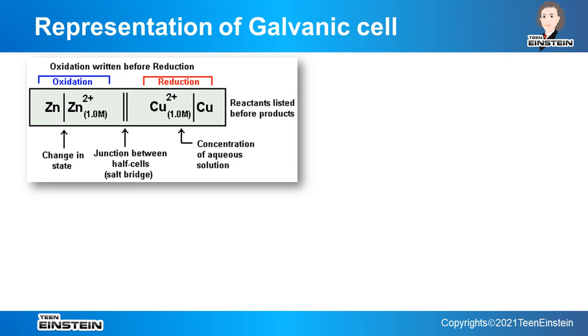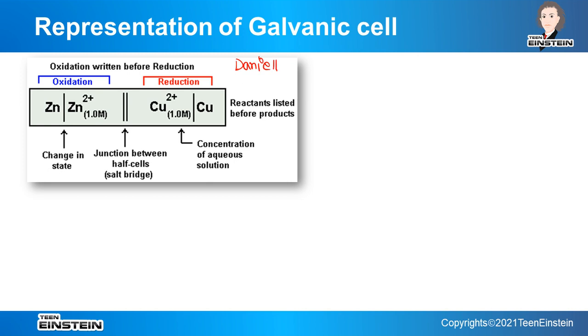Now representation of galvanic cell. So mostly we will talk about galvanic cell. How can we represent it? Already we have seen that oxidation is taking place in the anode. This example is for Daniell. Remember, in Daniell we have taken zinc and copper system.